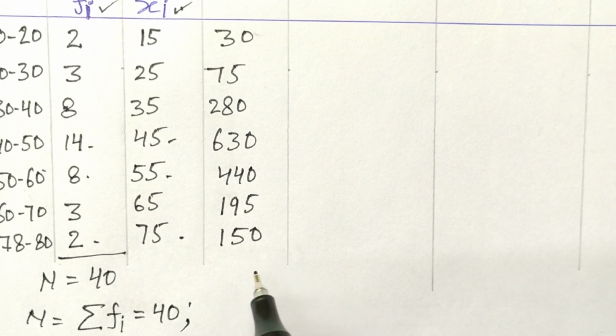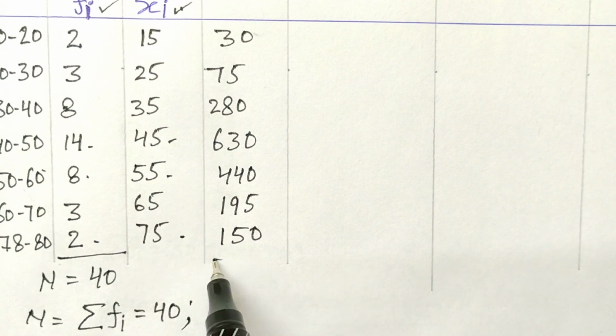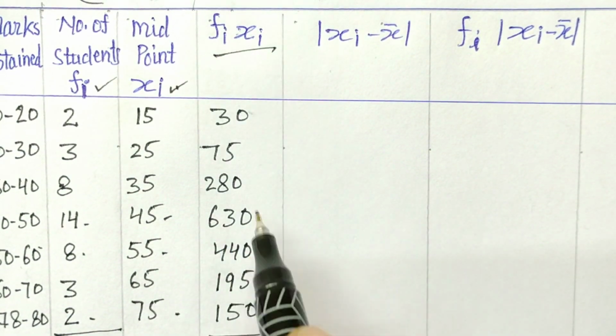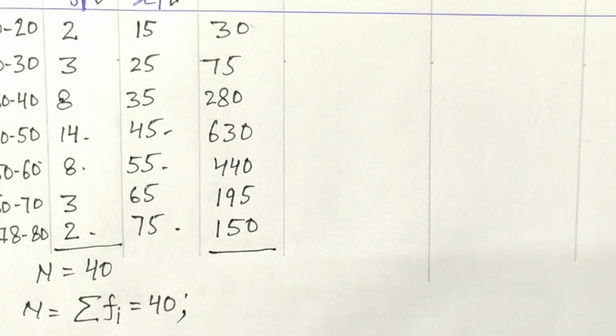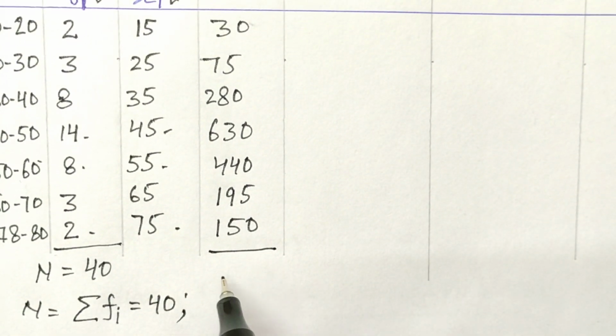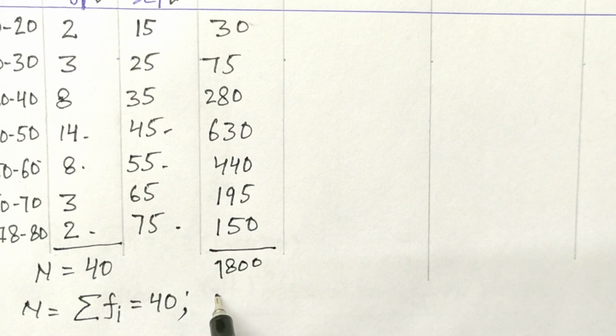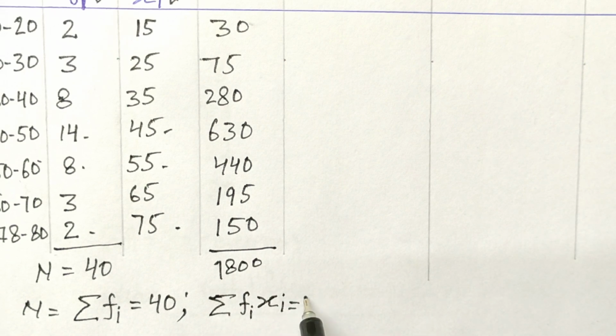And this summation of Fi into Xi, right, this is 1800. Summation of Fi into Xi is equal to 1800.